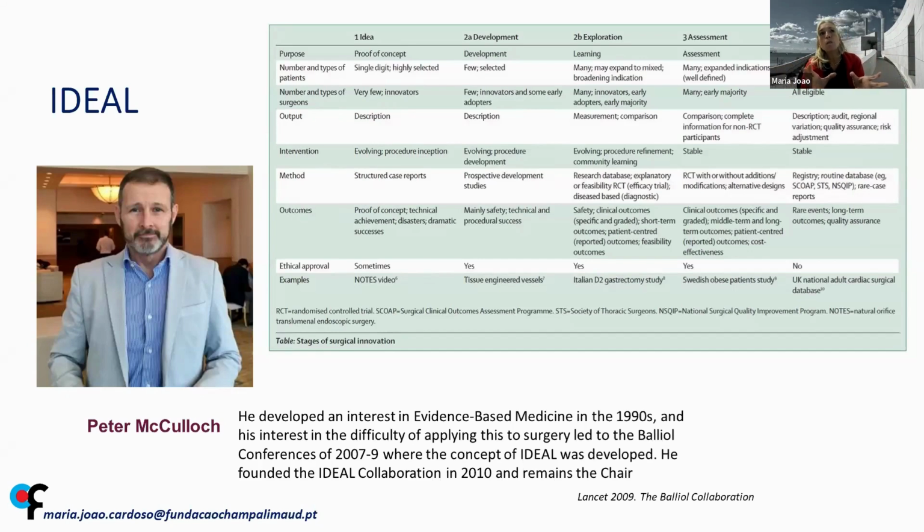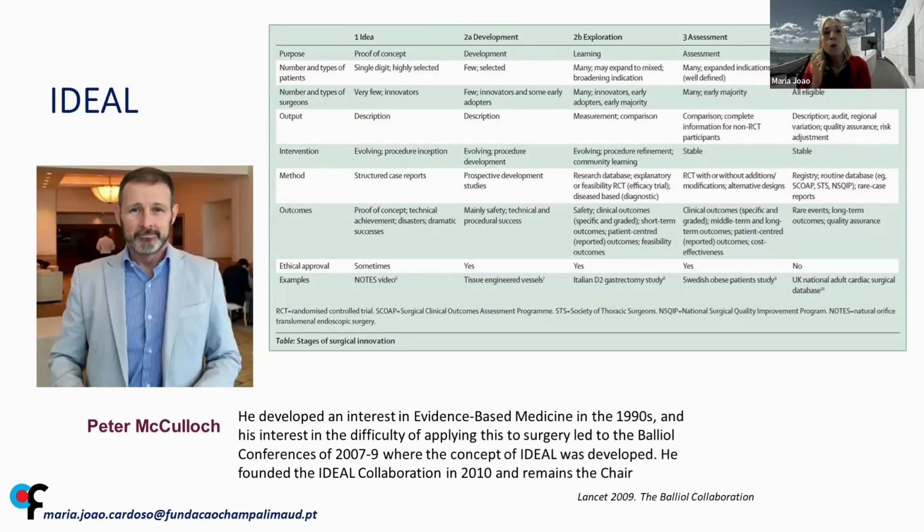Then you are going to pass to the innovation stage. So we are going to measure and compare with the other group, that is the standard group. And then you are going to proceed to assessment, so usually that goes to a randomized trial. And then you are going to evaluate the effectiveness in a large, population-based evaluation.